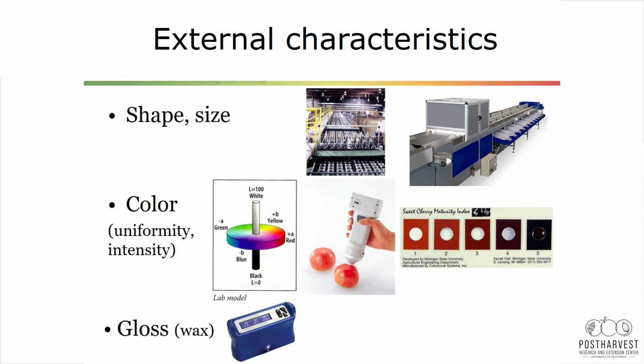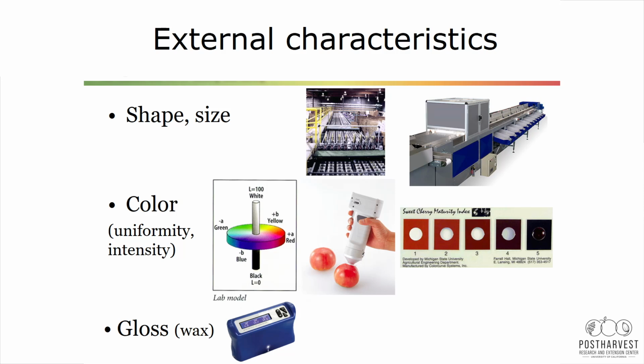Okay. So how do you assess these characteristics with instruments? Nowadays there are lots and lots of ways that you can assess the external quality of your fruits, and you have really sophisticated machines that can use vision algorithms to take photos about 1 million times a second, of fruits at different angles, and give you just about anything that you can possibly want to know about the external appearance of your fruit, right?